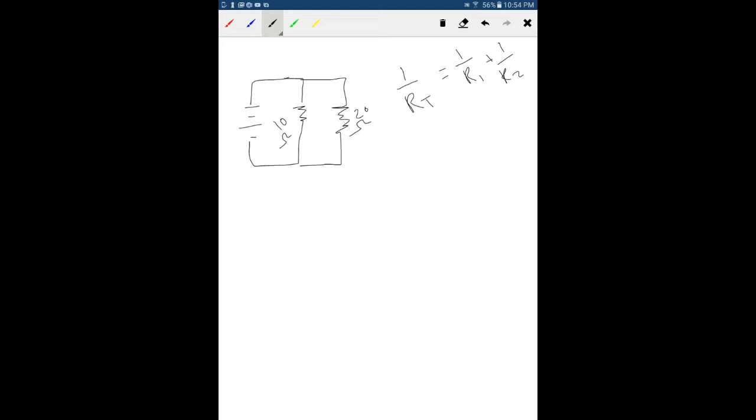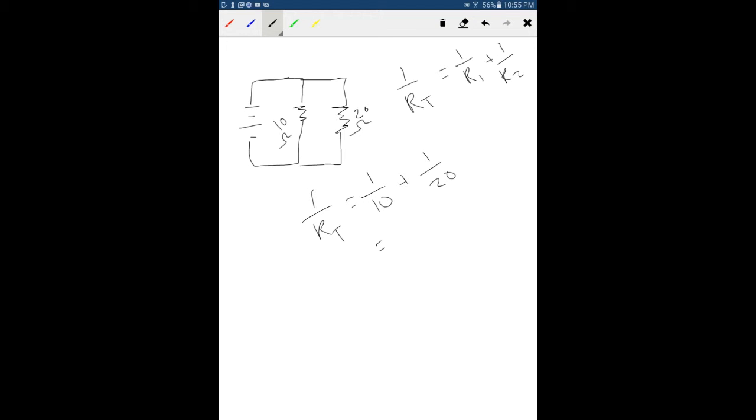So we're going to solve for these like this. 1 over RT equals 1 over 10 plus 1 over 20, right?